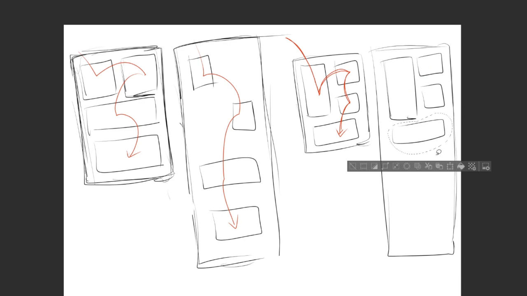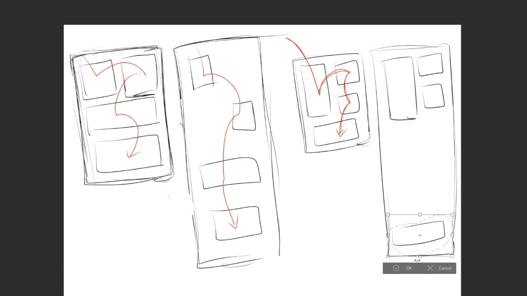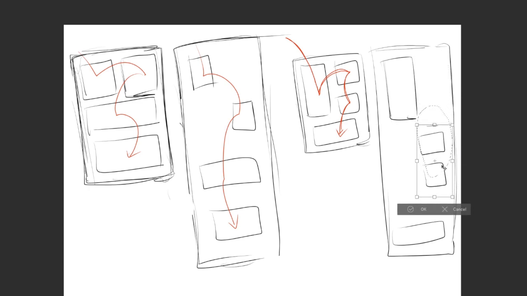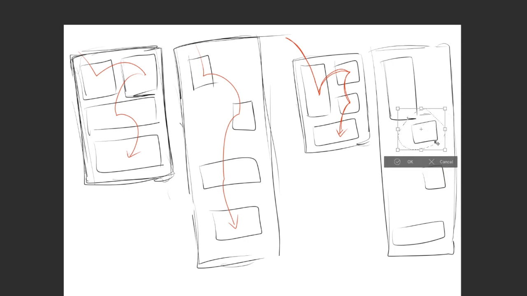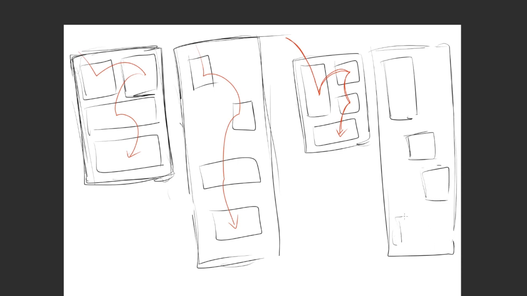So this one will be moved here below. Over this, the two might be like this, right? Or like this, if you want to make the transition smoother.